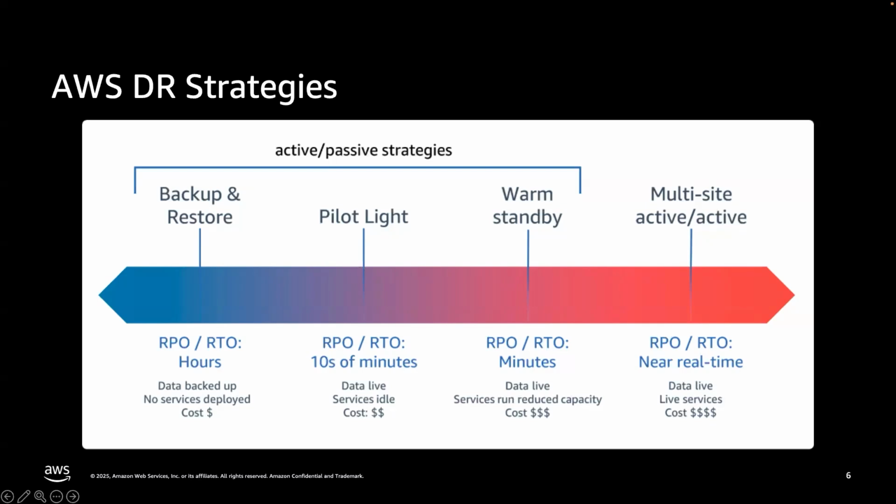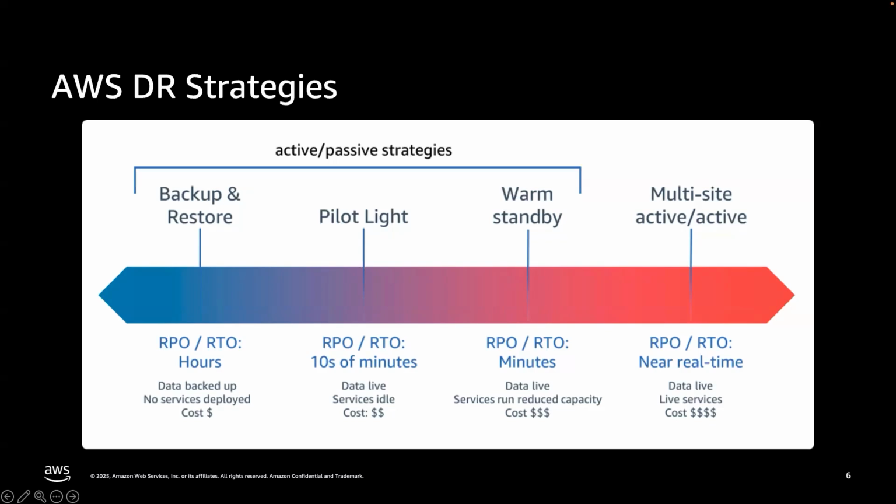The pilot light is going to mean your data in general is live, but that could be a mirror of your production data or a seed of the data, but enough to run the application. Whereas the application, like your services or your application servers, might be there and idle and just need to be started up. But that way, they're not incurring costs, yet they can be quickly enabled and started up.